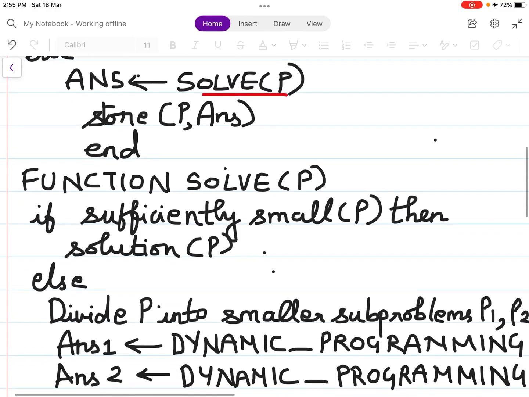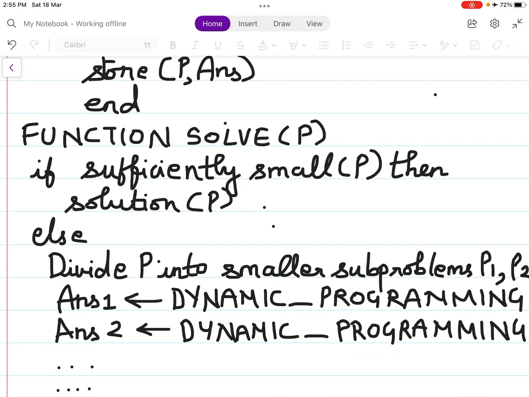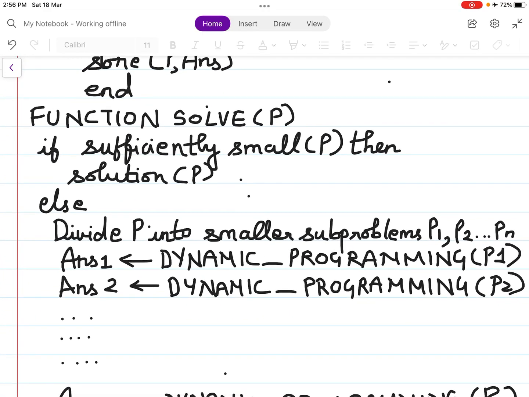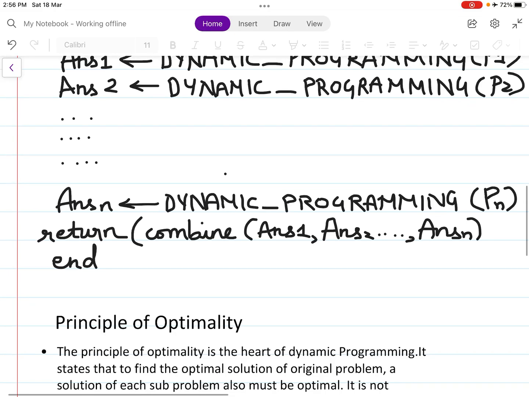Now the function for solve P. If P is sufficiently small, then the solution will be P itself. But if P is large, then what we will do? We will divide P into smaller sub-problems, say P1, P2 till Pn. Then P1 will be stored as answer 1, P2 will be assigned to answer 2, and finally we will return a combination of answer 1 plus answer 2 plus answer 3, and end.